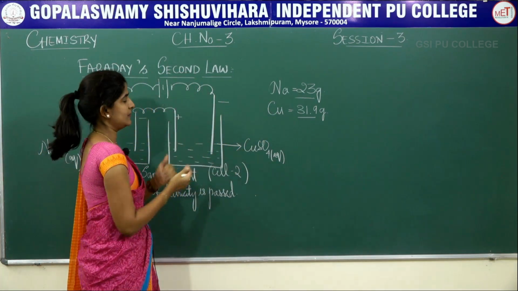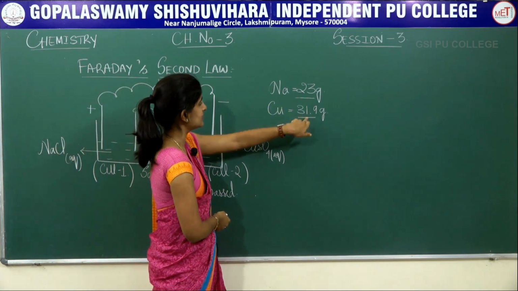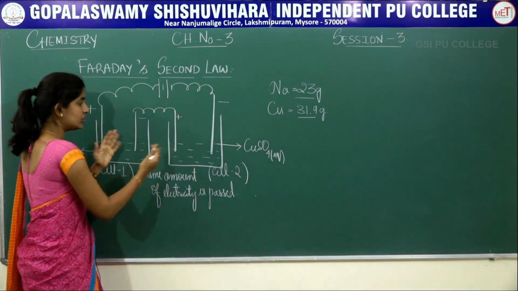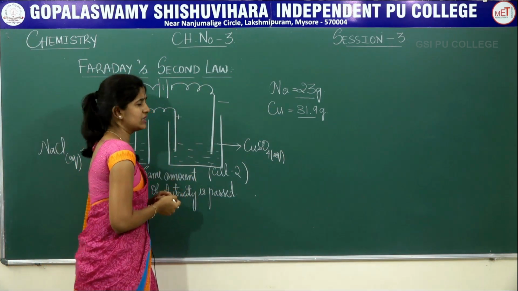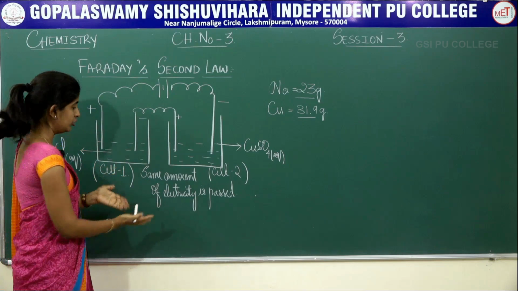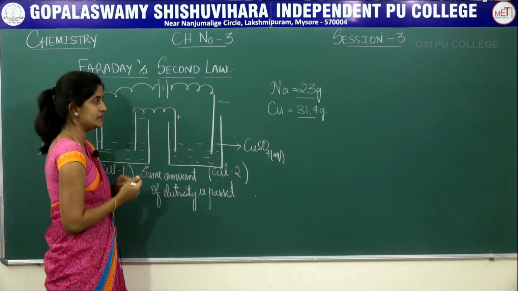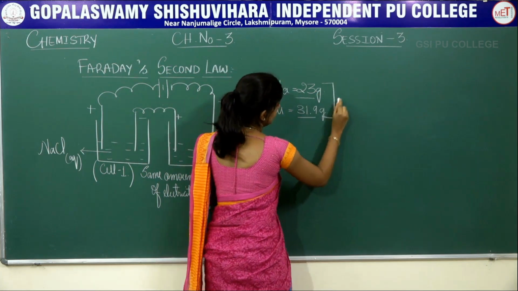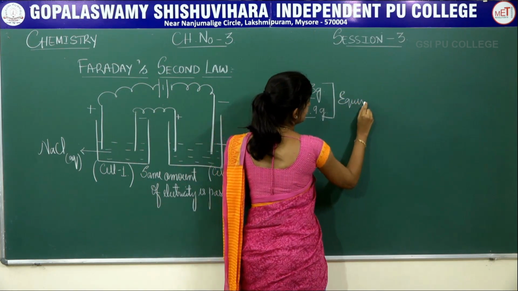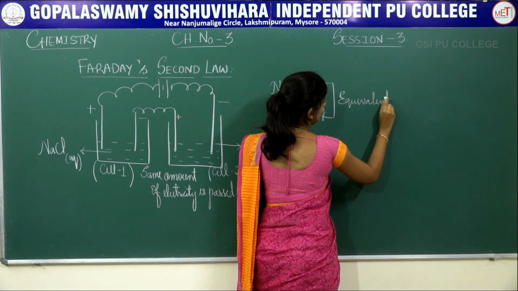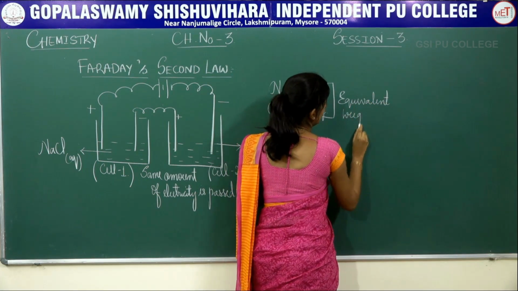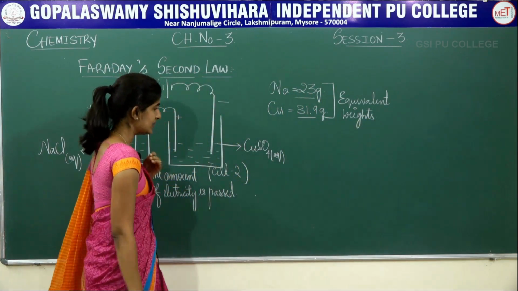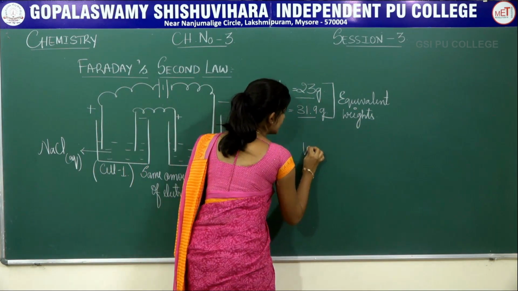So when the same amount of electric current is passed, the amounts of sodium and copper deposited at their respective electrodes are 23 grams and 31.9 grams, which means that the amount of substance deposited when a fixed amount of electric current is passed through different substances is equal to their equivalent weights. What are these? These are the equivalent weights of the respective substances.